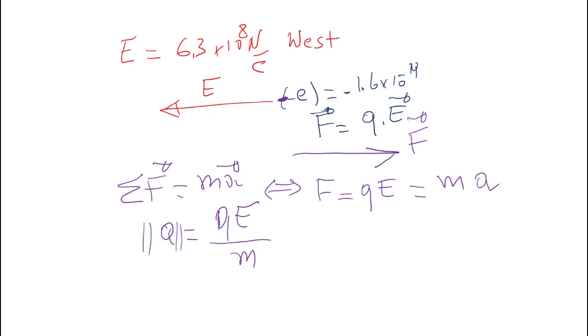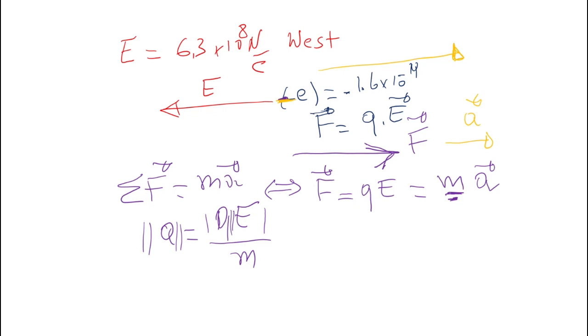Remember, this is the magnitude of the acceleration. The mass is a scalar, positive, so the force direction will be identical to the direction of the acceleration. That means if the force is east, the acceleration will also be east. Once we place this electron in this electric field that goes west, the electron will be accelerating eastward, in the opposite direction.